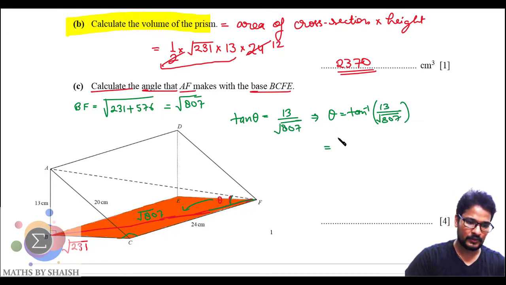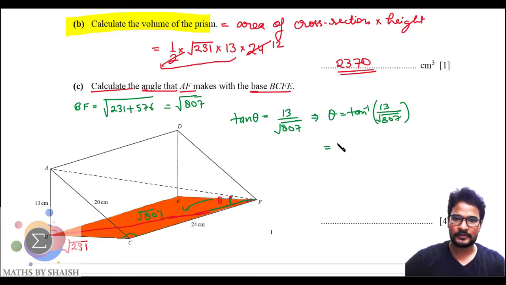Tangent inverse of 13 over root 807, and this value is coming 24.589 and so on. So we can write our answer for the angle. In this case actually 3 significant figures and 1 decimal place both are same, so we can write 24.6 degree. That's the angle.